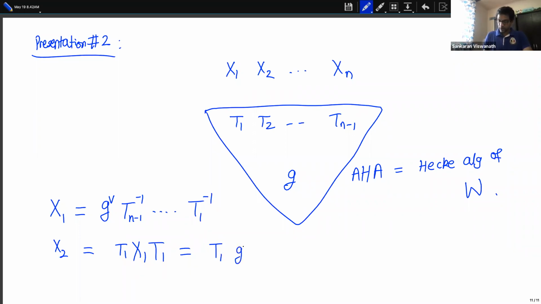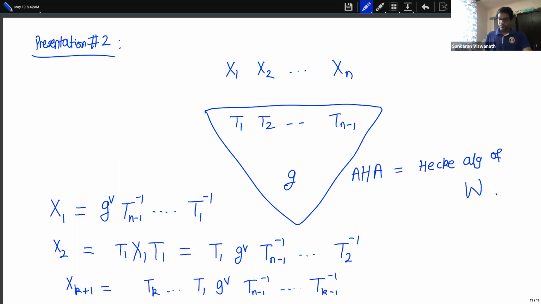So it's T1 G check, and then the rest of them are inverses till you reach T2, and so on. In general, Xk plus 1 is Tk till T1 G check, and then the rest here are inverses. Okay, so this is how you get the Xk's in terms of the G check.